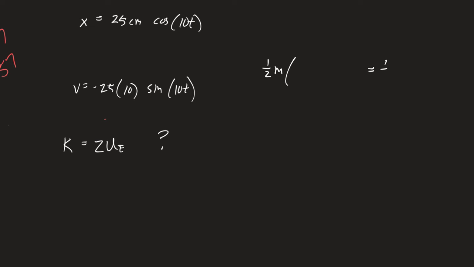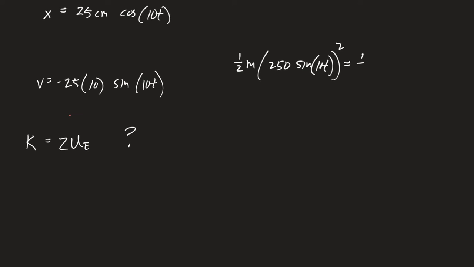So, no, I did that right. 250 sine 10t squared equals 2 times 1/2 k x squared, which is going to be 25 cosine 10t squared. Got everything written there, I think, correctly.